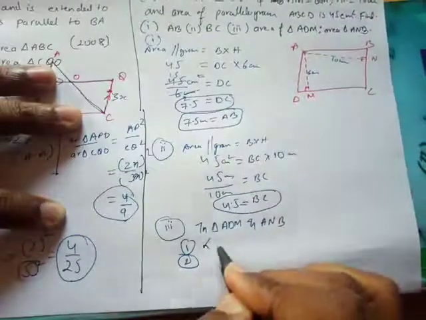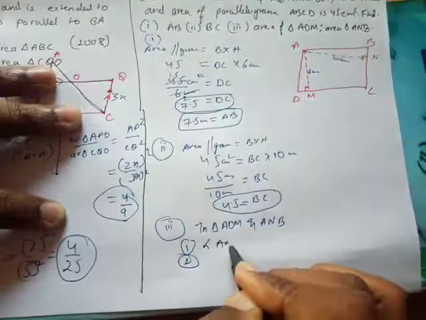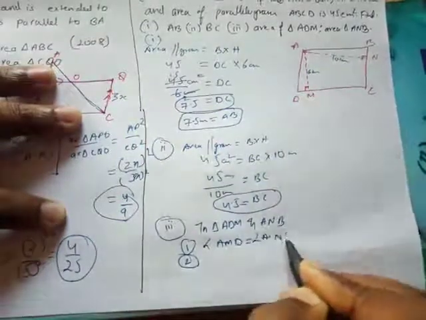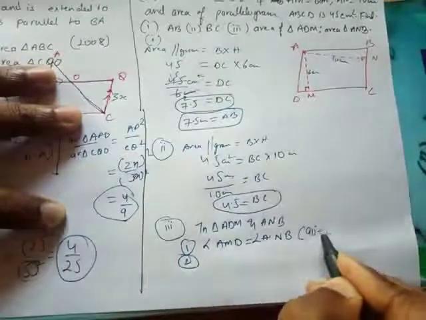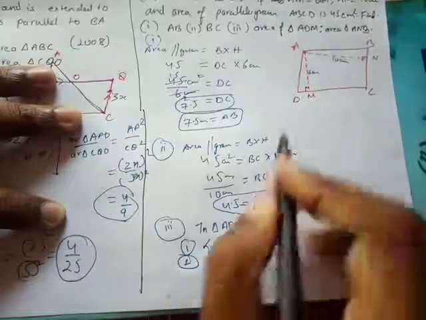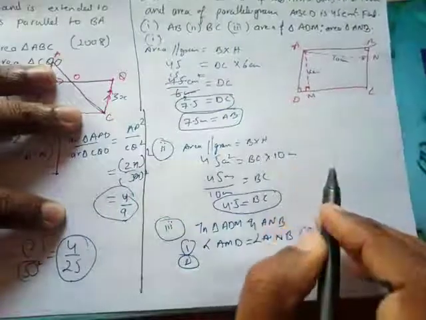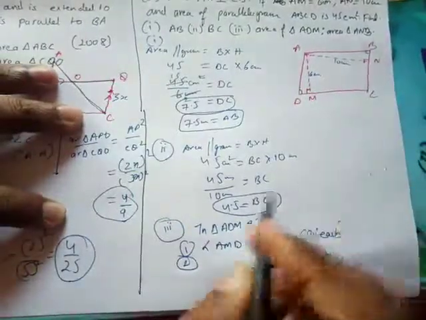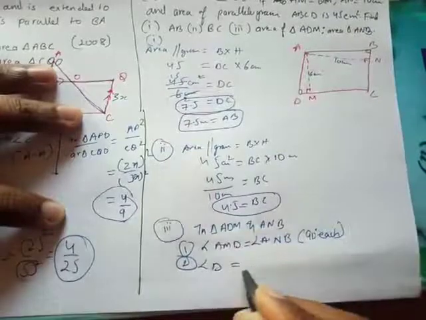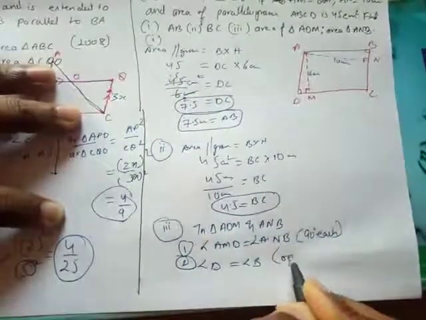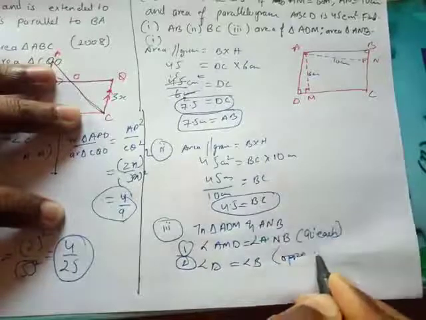So I can write angle AMD is equal to angle ANB, 90 each. And the second thing is angle D is equal to angle B. Reason: opposite angles of a parallelogram are equal.